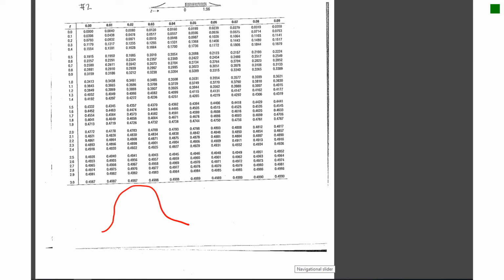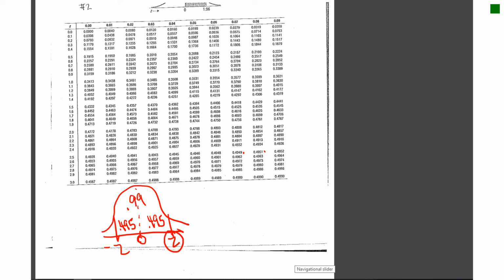So let's say you had 99%, and obviously if you divide that in two, you get 0.495 and 0.495. Remember, zero's in the middle, and you're trying to find this z-value. So if I go in here and I'm trying to find 0.495, to me the best two candidates are right there.